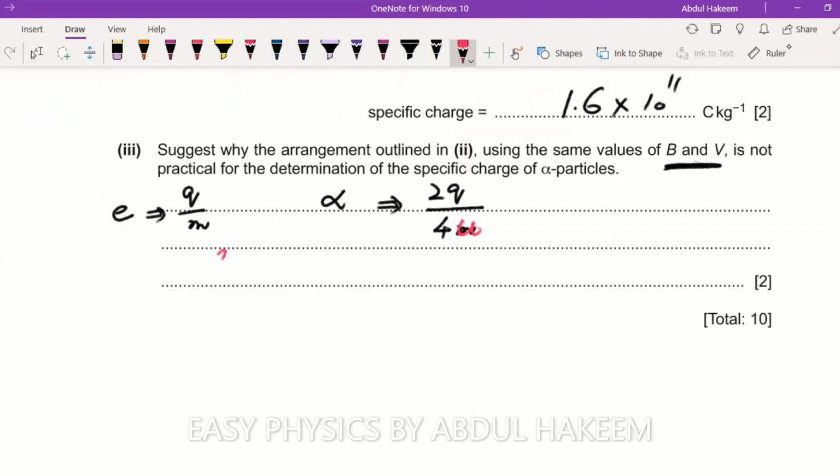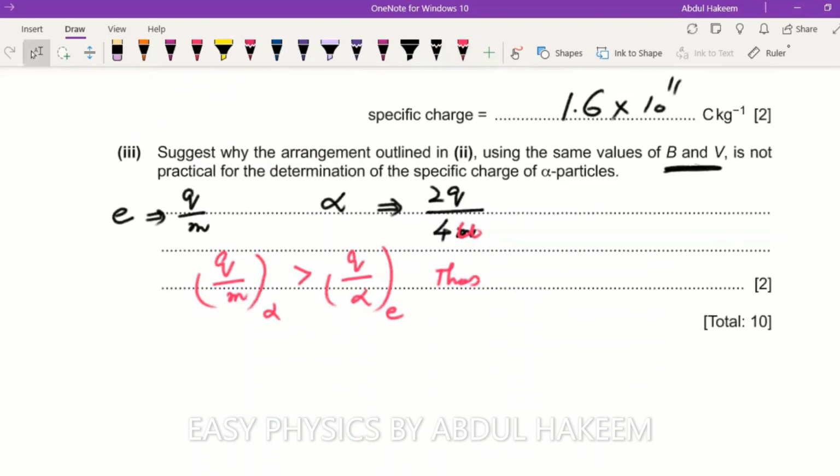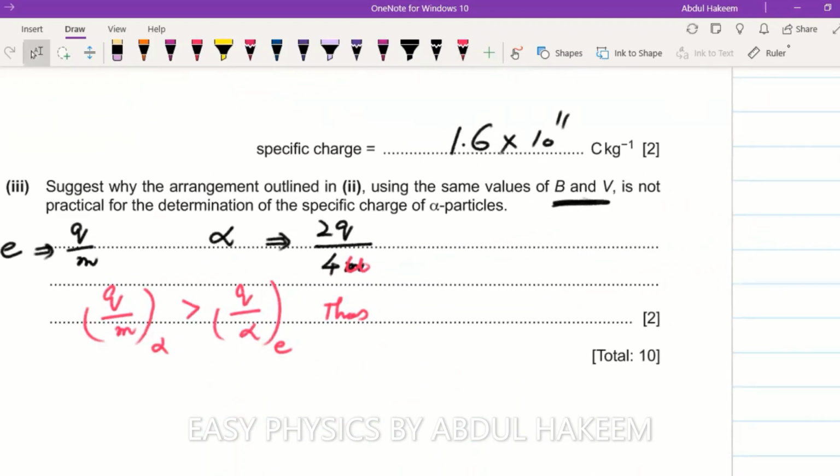It means the q over m of the alpha is different from the q over m for the electron. Thus, according to this formula, the path will not be the same.